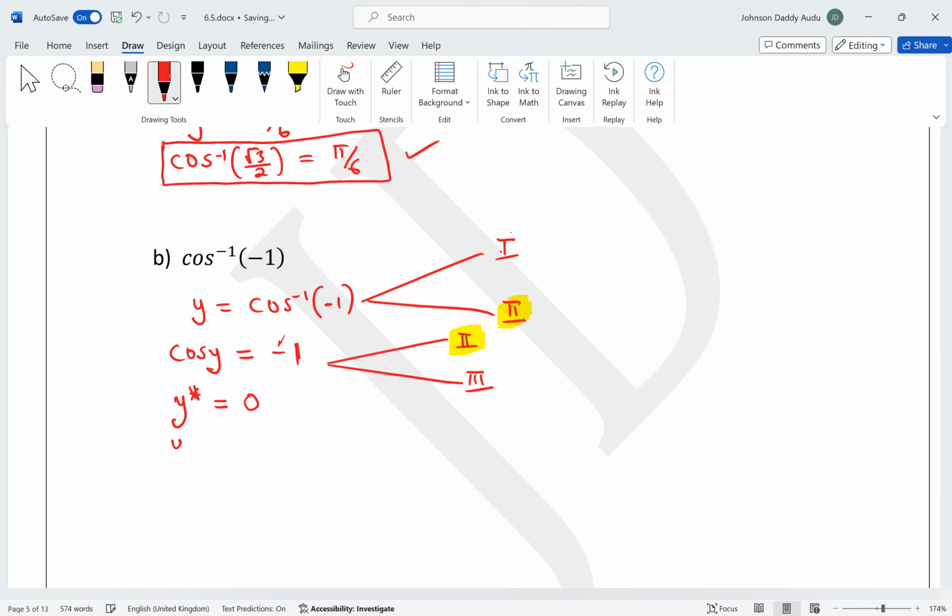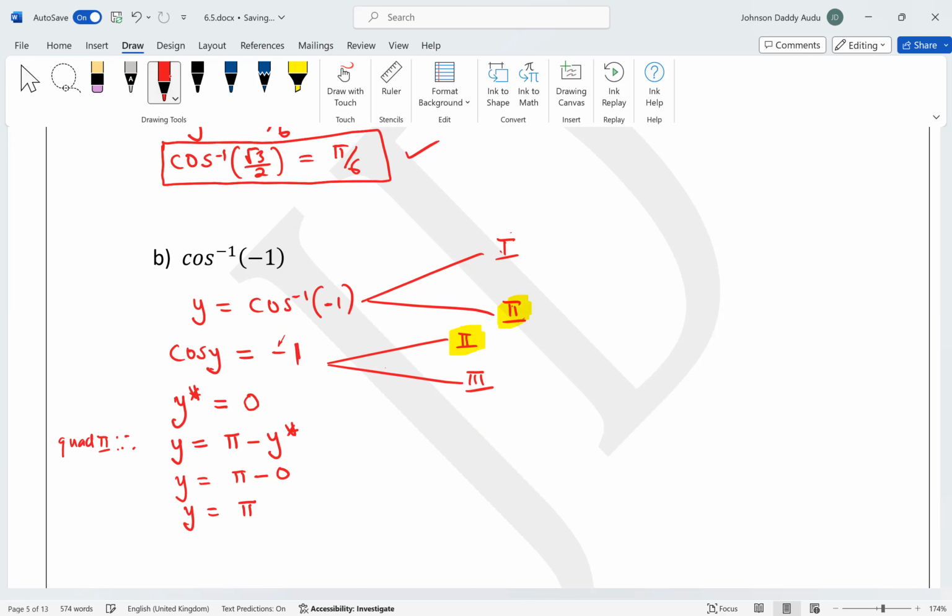So now, because we are in the second quadrant, y is going to be pi minus y star. This is because we are in quadrant 2, right? So it means that y is going to be pi minus 0.